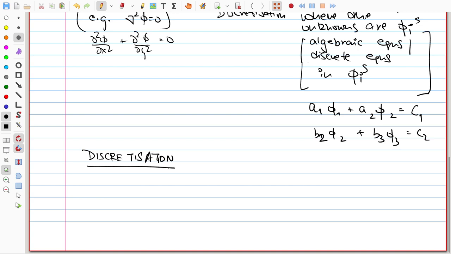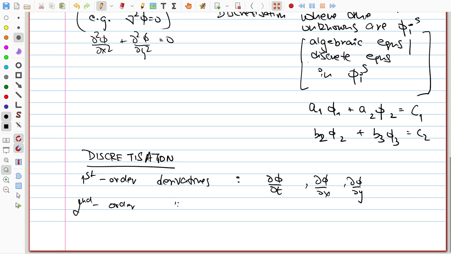So we had first order derivatives, for example del phi by del t, that's the first derivative with respect to time, partially. We had del phi by del x, del phi by del y. We also had second order, not in time, but in space: del 2 phi by del x2 and del 2 phi by del y2. So we had derivatives like this.